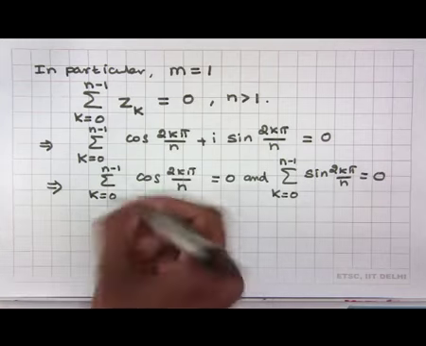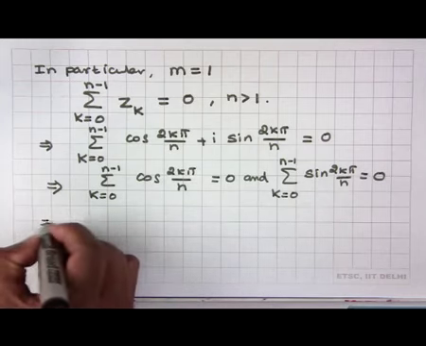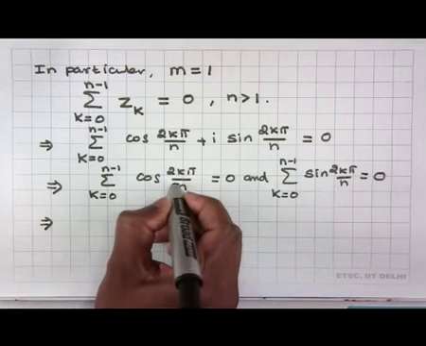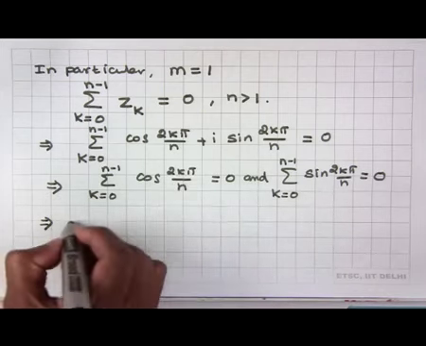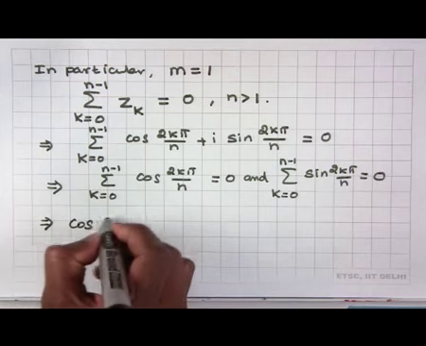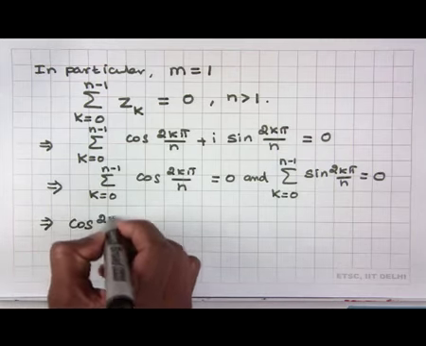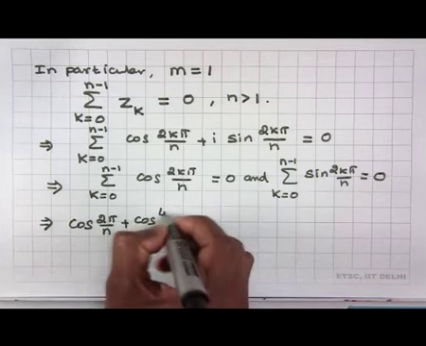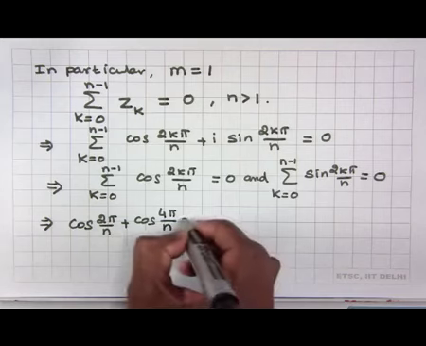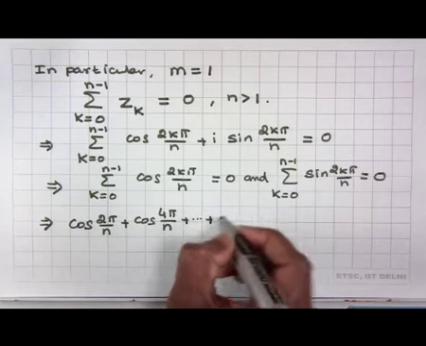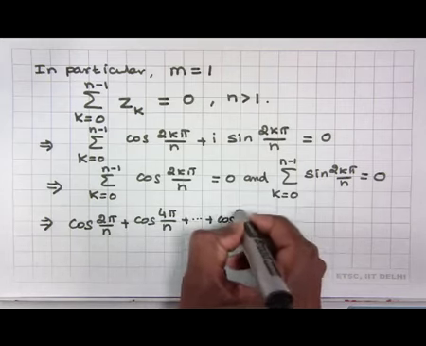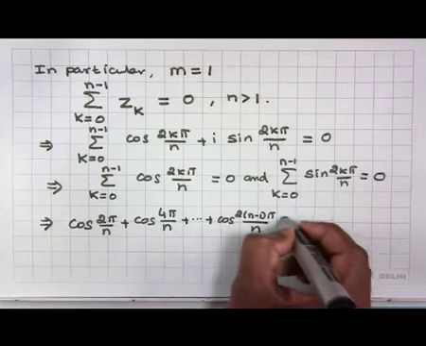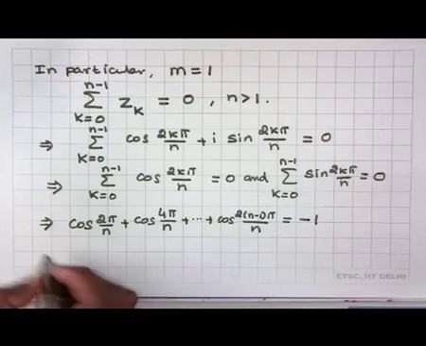If I write down explicitly, for k equal to 0 cos 0 is 1, and then the remaining terms are cos 2 pi by n plus cos 4 pi by n until cos 2(n minus 1) pi by n, and the value is minus 1.